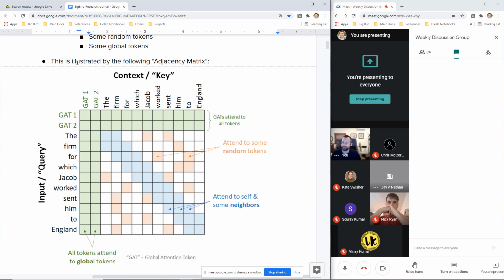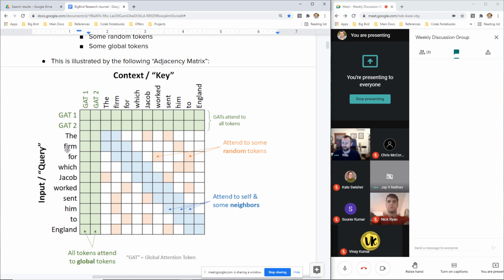These attention connections are illustrated with adjacency matrices, like this one. I don't know if the authors interpret them the other way around, but I've been interpreting each row as an input token or query, and the columns as the context or the key vectors.